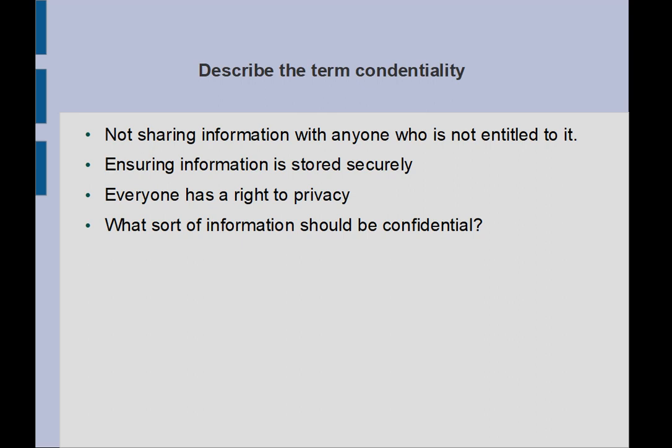So we have to make sure that if we are sharing it, it is somebody that needs it, and that is someone who the individual has consented to it being shared with. So we have to ensure that the information is stored securely. This can be passwords for computers. Any paper information should be stored in locked cabinets, and we'll get into that a bit more in a minute, I think.